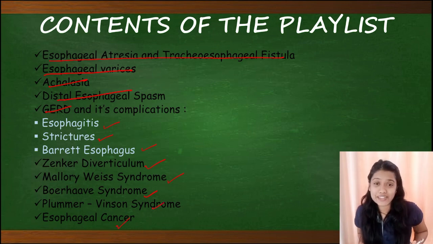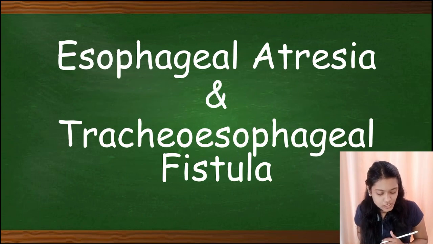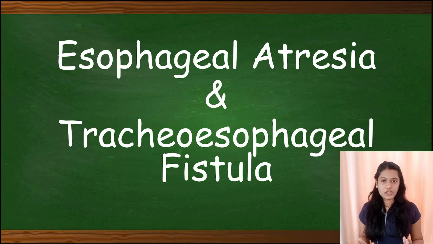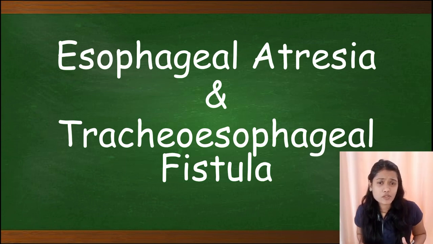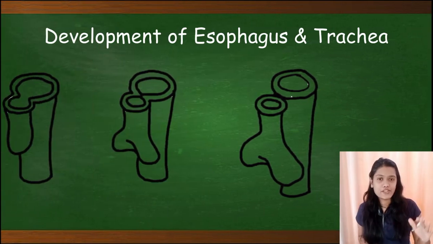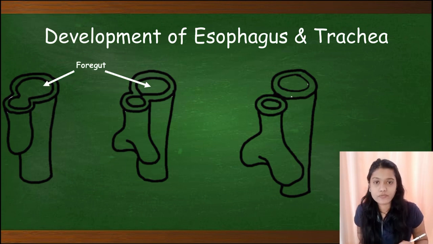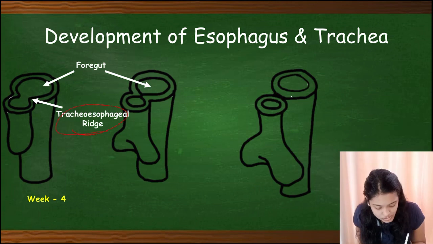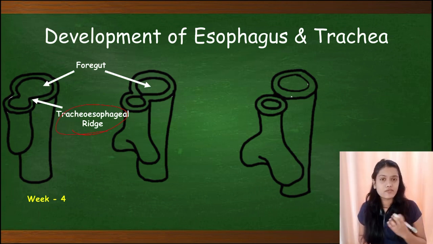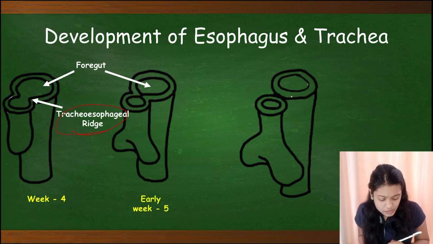So let's get started with the first part, that is esophageal atresia and tracheoesophageal fistula. Before moving to the pathology directly, let's first look at the development of the esophagus and trachea. Here you can see the foregut, and during the 4th week an esophageal ridge develops.